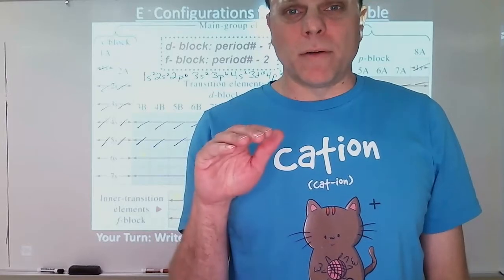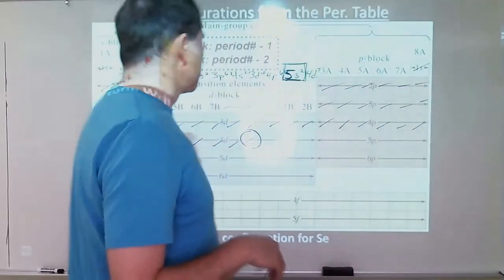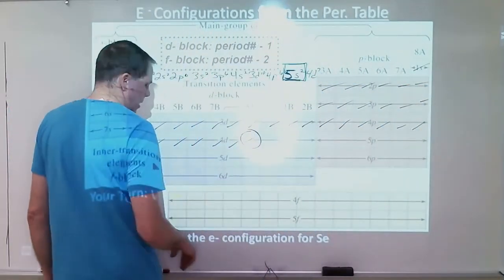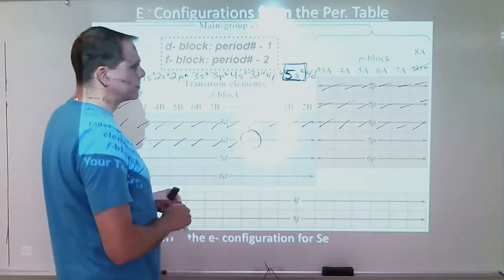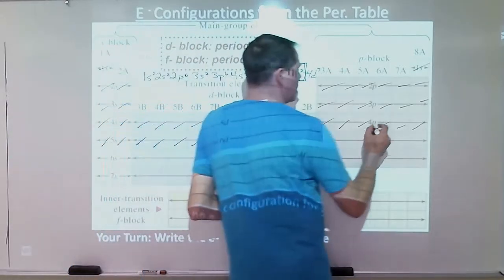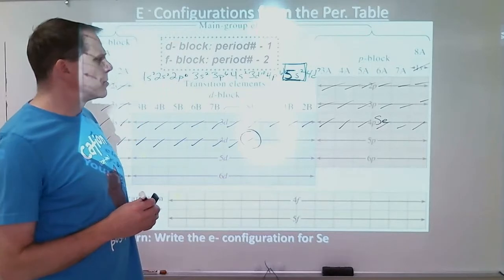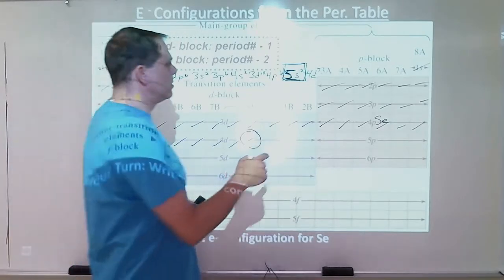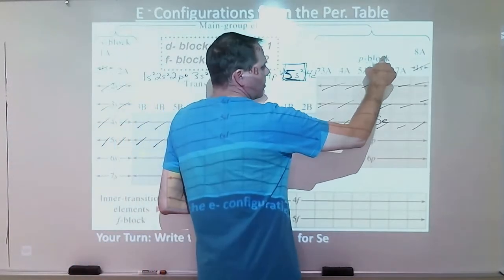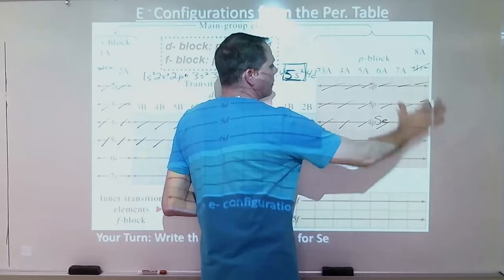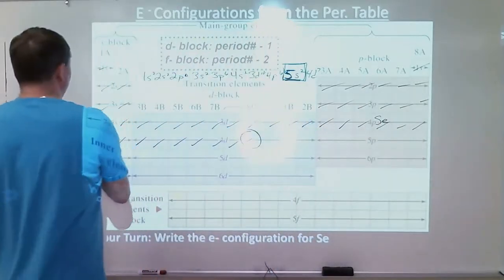It's in the P sublevel. It's in the 4th energy level. And it's 4 across. Okay, so if we look at that, we find selenium, and it's right here. Okay, selenium is number 34. It's right there, and I can say, oh look, it's in the P sublevel in the 4th energy level. This is 4, right?